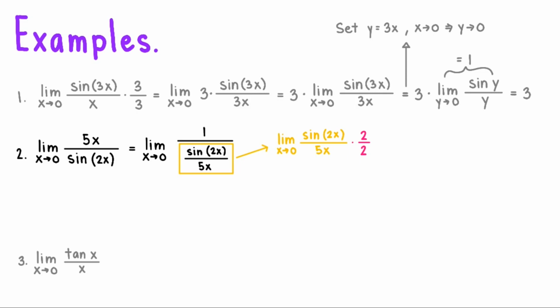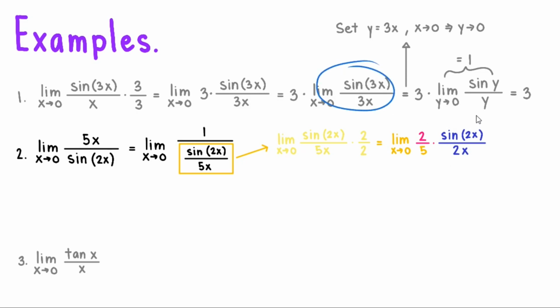And so from here, just by commutative rearrangements, we'll obtain the limit as x approaches 0 of 2 over 5 times the sine of 2x over 2x. So just some rearrangements so that if we observe this one, this is similar to what we did out here.